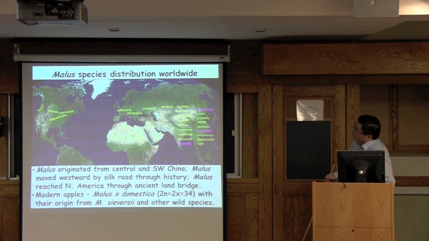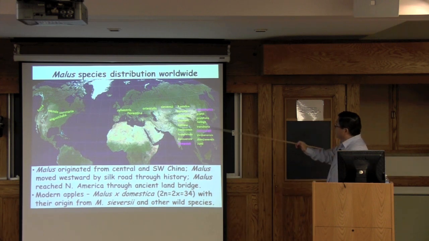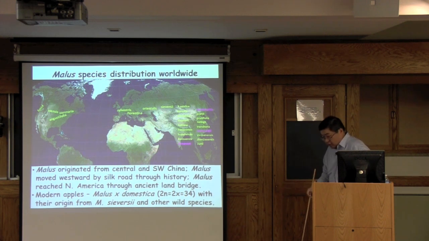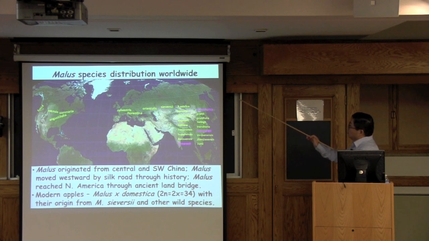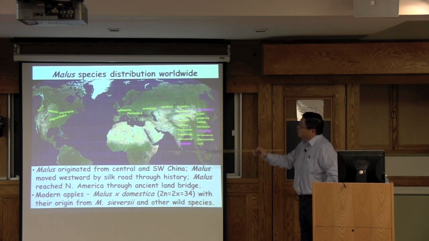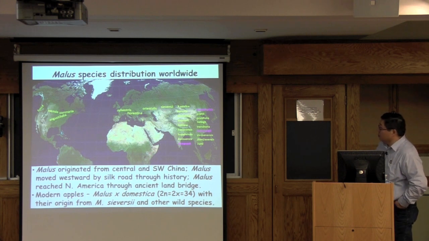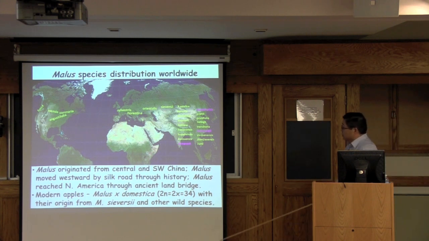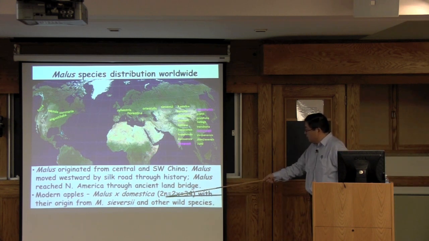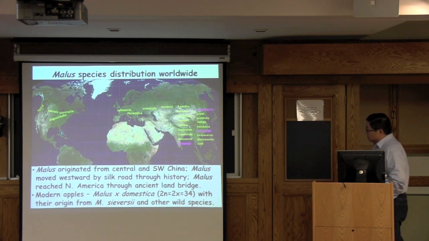How the material came to North America is believed to be from ancient times during the Ice Age, when there was an ancient land bridge between North America and Asia, so the material came in the other direction to North America. The common modern apple we consume is Malus domestica. It's a diploid species with a chromosome number of 34.